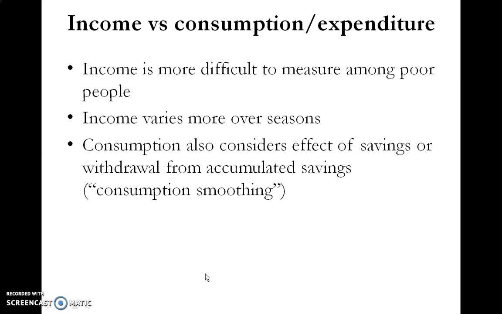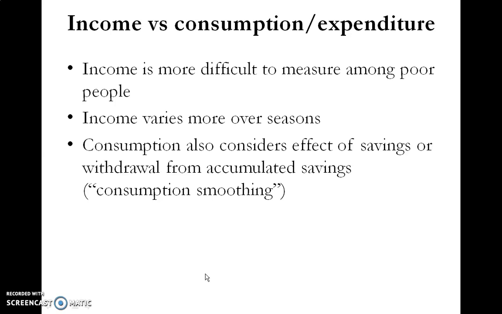This is because many poor people are often unemployed and their income varies more over seasons and over periods of time, so they may not be reporting on the income as clearly or as correctly as they would for consumption. So in the poorer subsets of your income distribution, someone may not always be able to tell you how much they earn, but they would be more clear in terms of telling you how much they spend and on what they spend it every month.